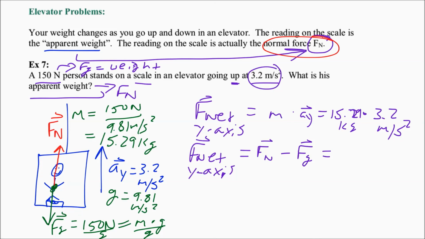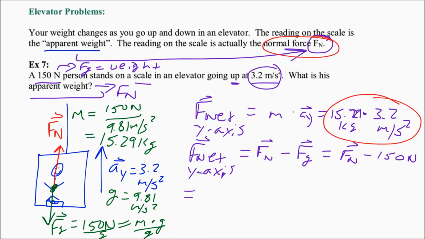So this translates into normal force minus 150 newtons, because that is the person's weight. Okay, so now we just set these two equations equal to each other. So I'm going to go ahead and multiply this out before I set it equal.